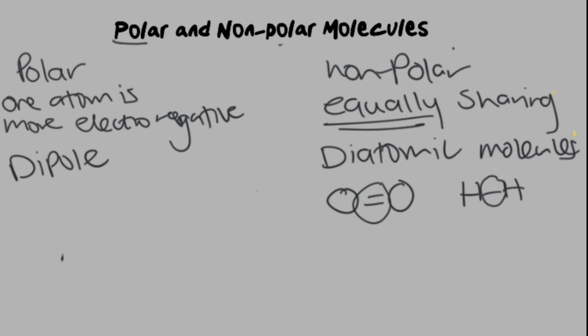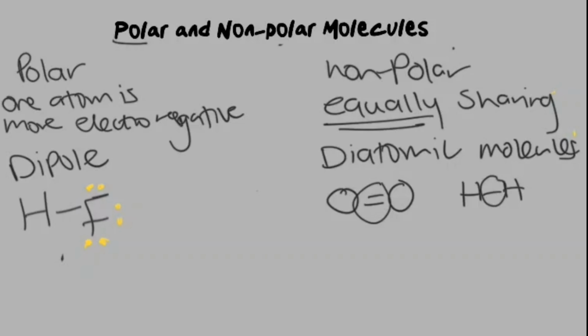Whereas on the polar side, I would look at something like HF. Now, hydrogen, we know, has only one electron in this bonding pair, but this fluorine still has a good 3 lone pairs around it.